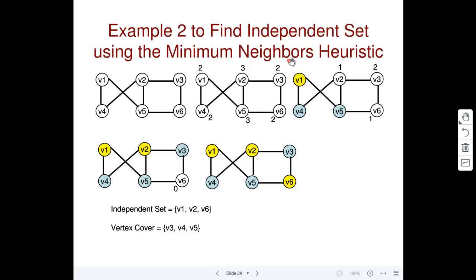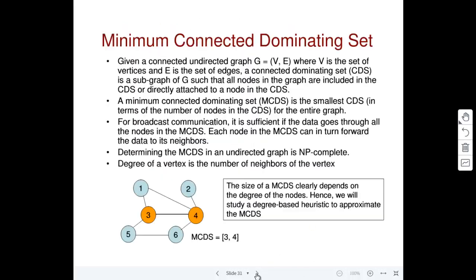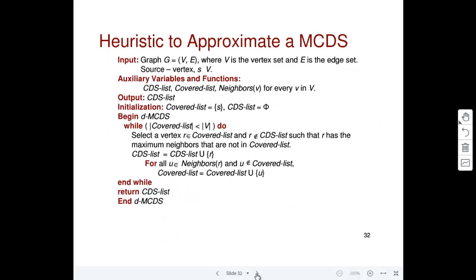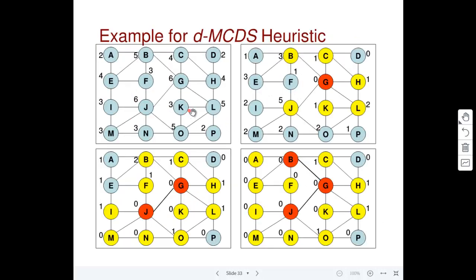So that means we prefer to include nodes with a fewer number of uncovered neighbors in the independent set, in order to maximize the size of the independent set. Now think about it. What we want to do here is, in the case of a connected dominating set, we want to minimize the size of a CDS. So that means we go through the iterations.